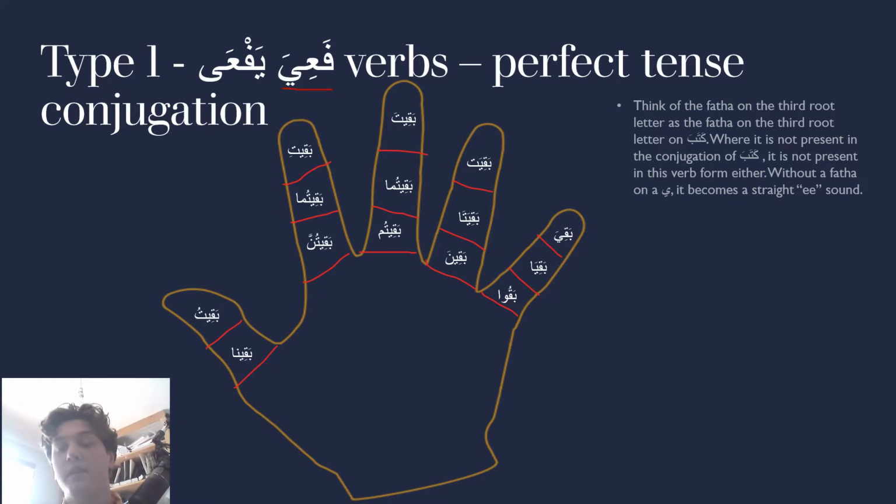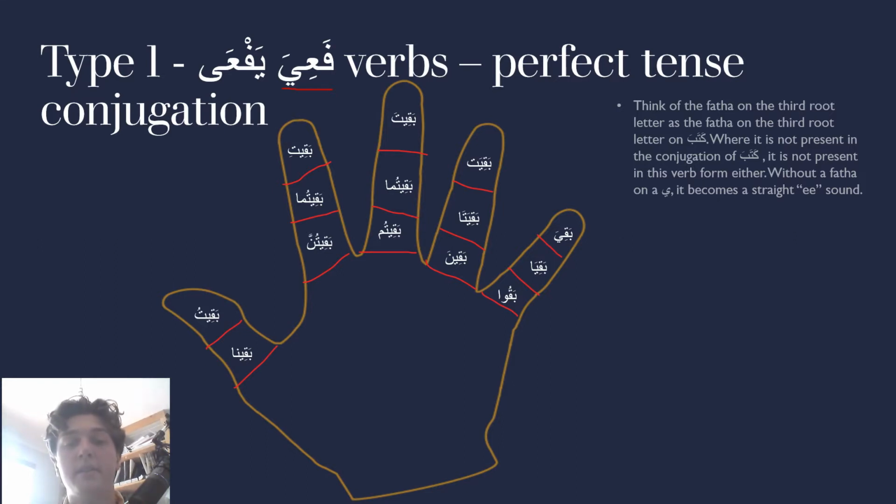So, for example, think of verb forms which have a sukun on the third root letter of kataba. You have katabtu, I wrote, katabta, you masculine wrote, katabti, you feminine wrote, and so on. So let's take katabtu as an example, and bakitu.